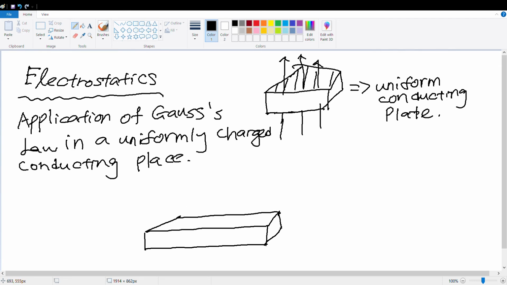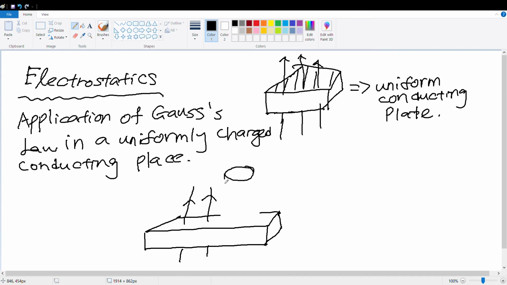In order to find the Gaussian surface for this conducting plate, what we need to do is add the Gaussian surface on the bottom of this surface area, since the electric field passes from the bottom to the top. So assume my Gaussian surface is a cylindrical shape.